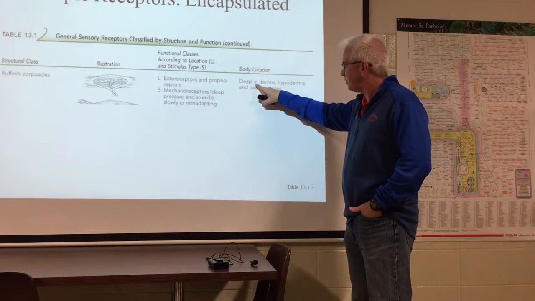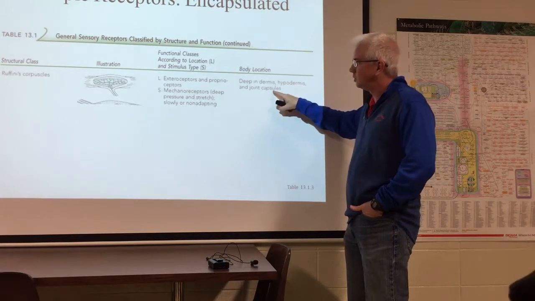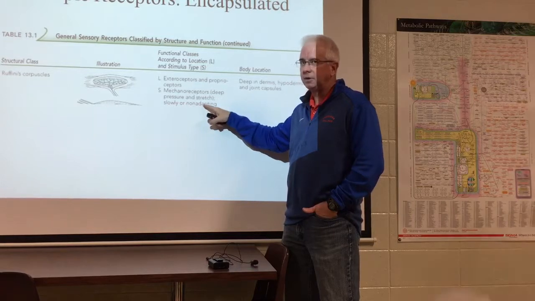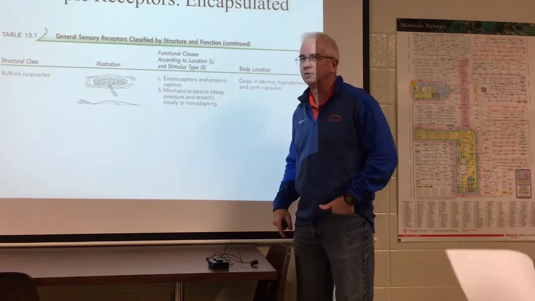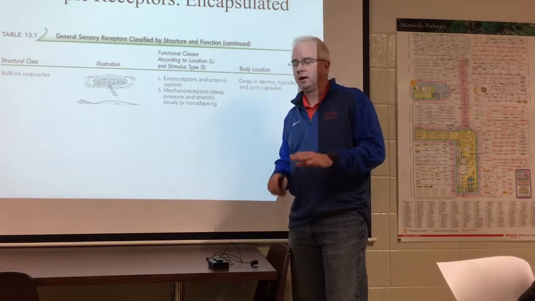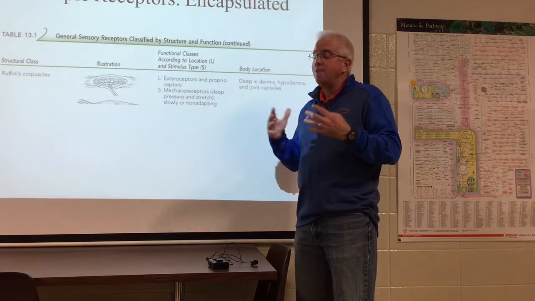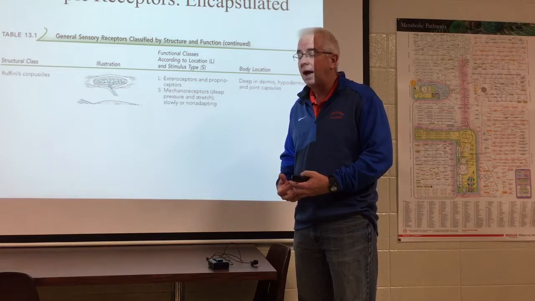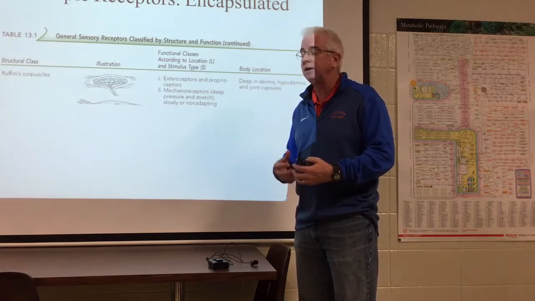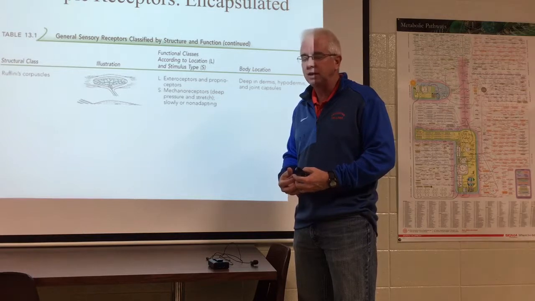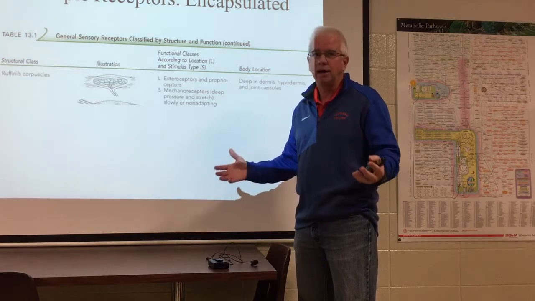They're found deep in the dermis and the hypodermis and in the joint capsules. And look, these guys are very slowly adapting receptors, the Ruffini's corpuscles. So I always think about how I forgot that my hat was on my head, my glasses were on my face, my watch was on my wrist, because Meissner's and Pacinian adapt.